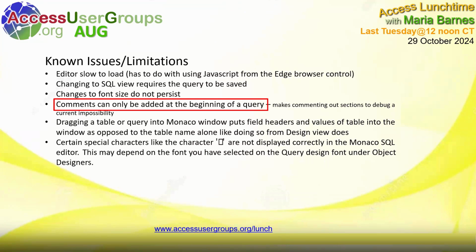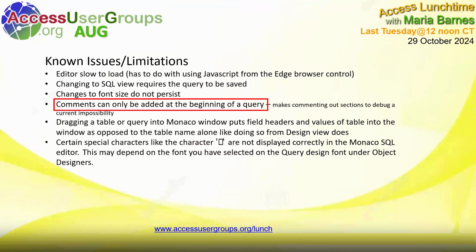They really want to keep the ability to switch back and forth between design view and SQL view. And if you have a rich text version saved someplace in a table, for example, they could use that table that they developed to store the comments in.